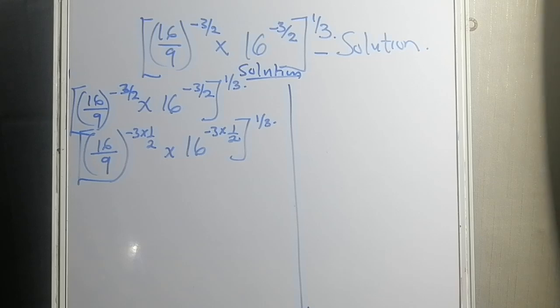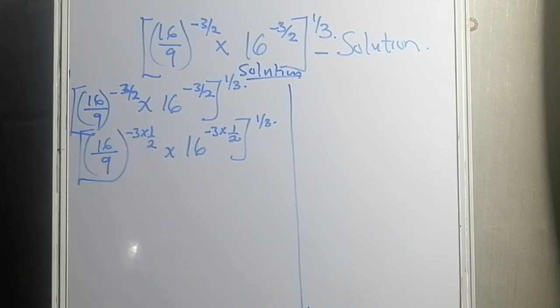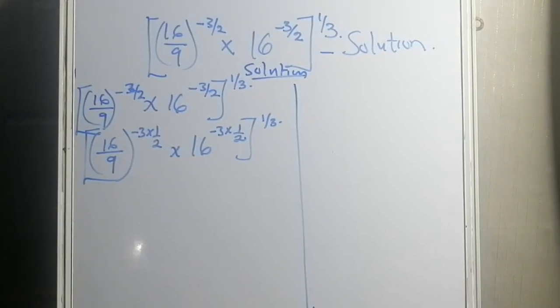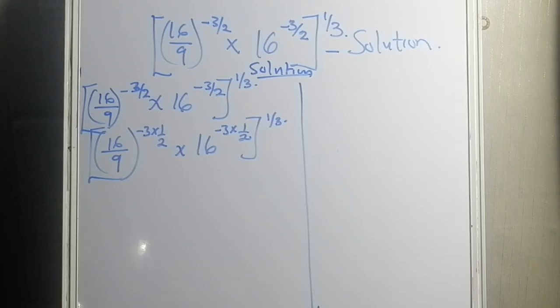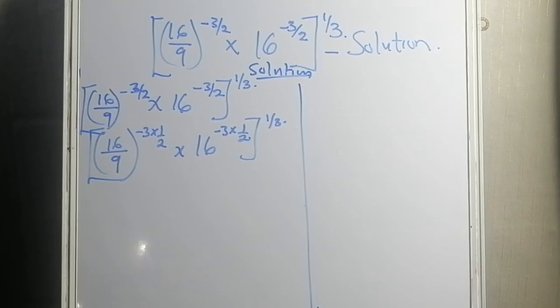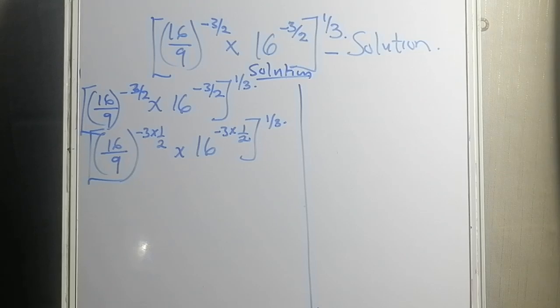Now after this, know that I've told you in law of indices, 1 over 2 is the same thing as what? Square root. 1 over 2 is the same thing as square root.